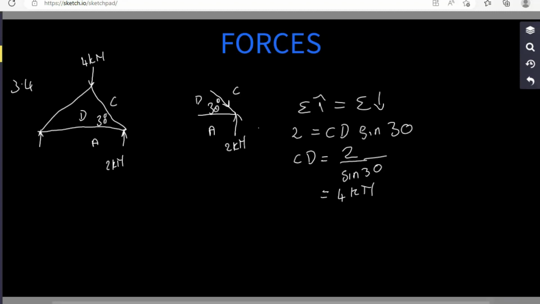The answer is positive. It tells us that we are using the correct direction, therefore we're going to mirror it, giving us a strut.